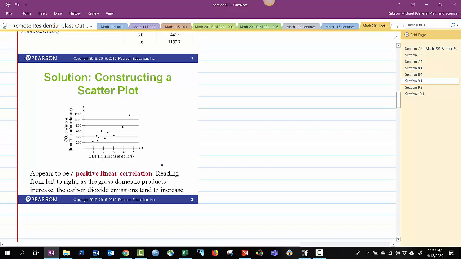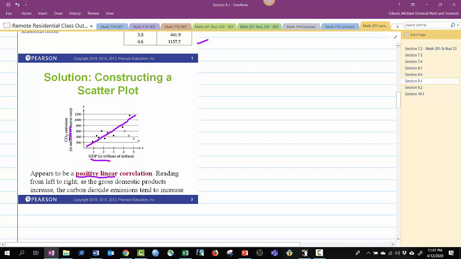So we take those points and we graph them: GDP in trillions of dollars along the bottom, carbon dioxide emissions up the side. It's not perfect, but if you draw a straight line like that, it fits the data pretty well. It generally follows that pattern, and it does appear to be a positive linear relationship.